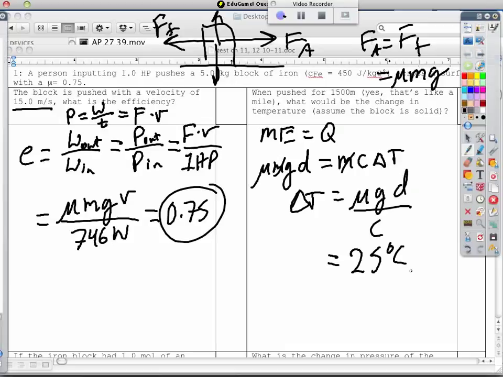Well, it can in this case, because what happens when you rub the block on the ground, or when you rub your hands together? Yeah, it gets warmer, so that energy went into that. So mechanical energy is the same formula as work? Yeah. Well, what are the units of mechanical energy? Joules. What's the unit of work? Joules. What's the unit of heat? Joules. Oh.